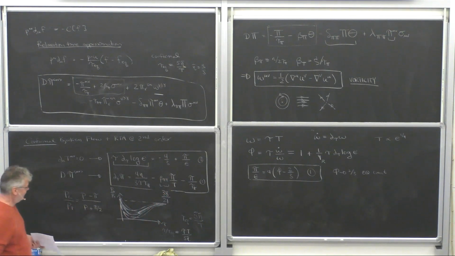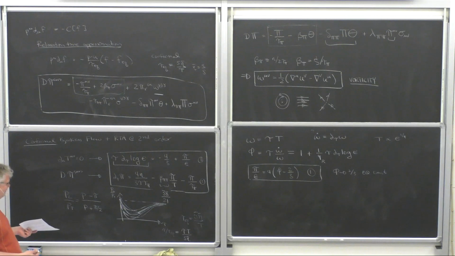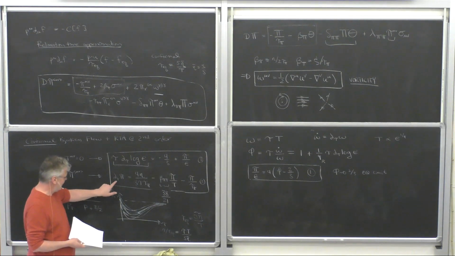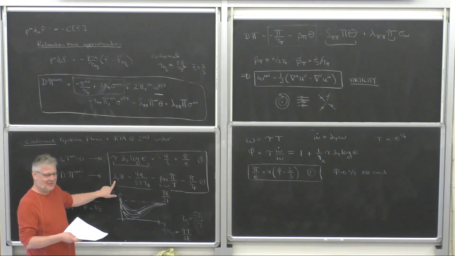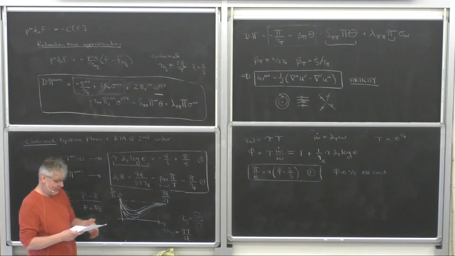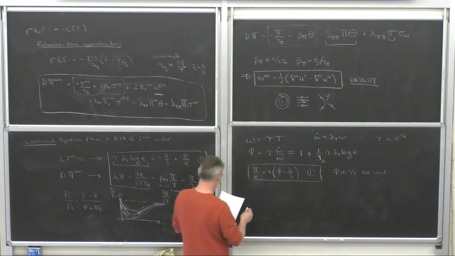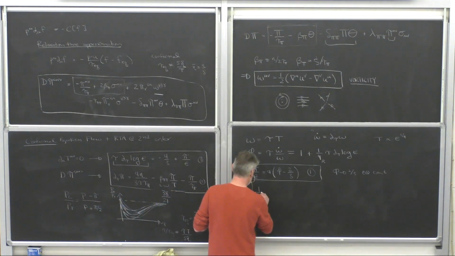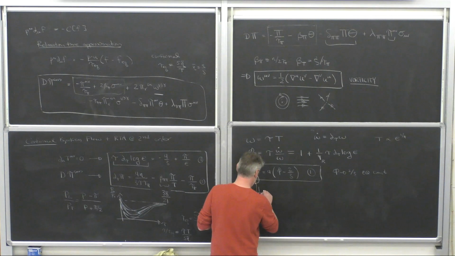Okay, so as an exercise, and I'll just state the result, you can take this second equation that's sitting here, and after some manipulations, you can rewrite it in terms of this phi variable in the following way. That's the exercise.